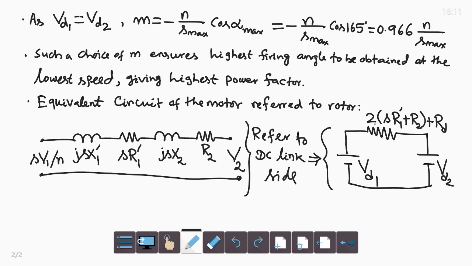In previous class when we analyzed the slip ring induction motor rotor resistance control, we saw the external resistance from the DC side when referred to the rotor circuit becomes 0.5 times, that means half, that we have already derived. So, that means same resistance when referred from the rotor circuit to the DC side becomes doubled. So, total resistance in the rotor branch is R2 plus SR1 dash multiplied with factor 2 and DC link resistance of the filter is RD. So, this is the DC link equivalent circuit.